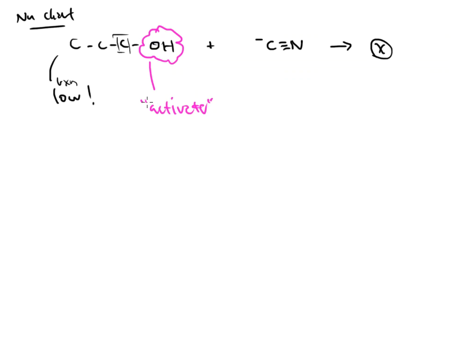But we call it activate the OH group. Well, there's a very easy way to activate the OH group. But we can also activate ethers as well, right? They're similar. ROR, ROH. So activation can happen on the alcohol side. Activation can happen on the ether side.